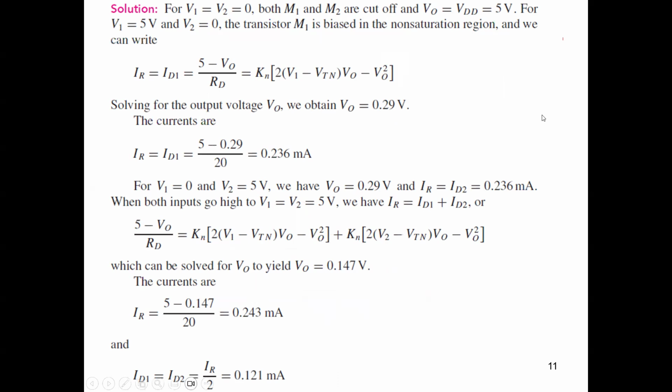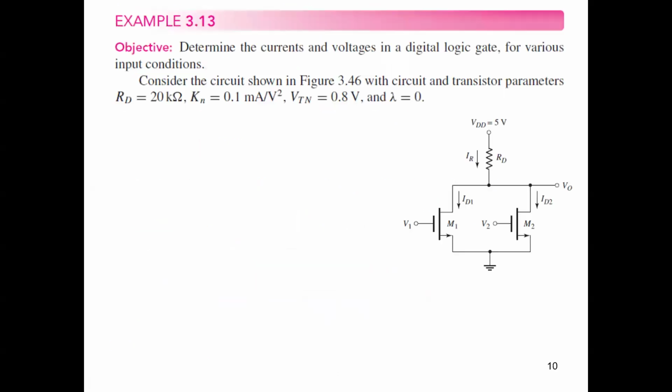Since both MOSFETs are in cutoff mode, if V1 equals V2 equals 0 volts, then VGS equals 0, so we are in cutoff mode.